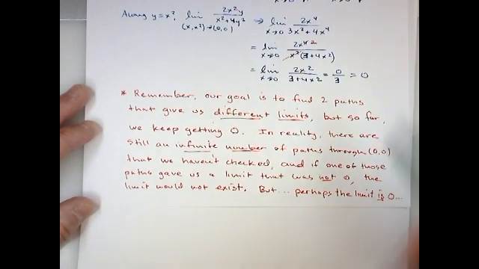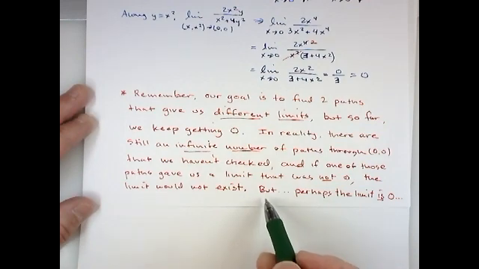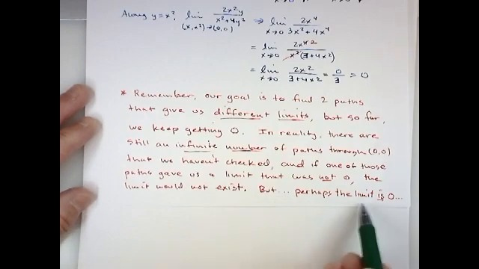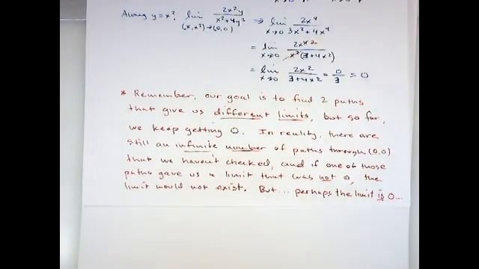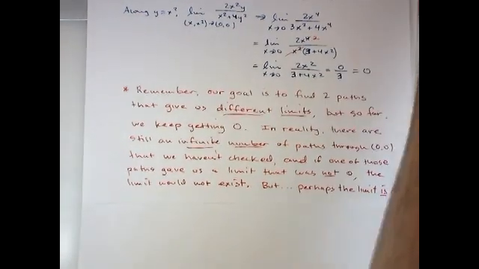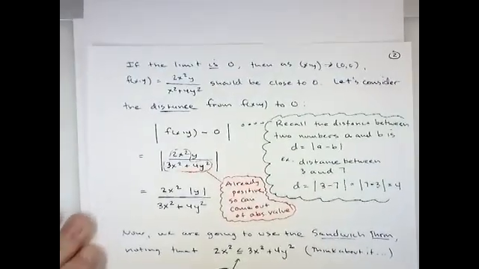So if you check a bunch of pathways, and this isn't foolproof, but if you do get 0, and I'll tell you in a little bit how you can tell if the limit exists in some cases, maybe the limit is 0. So maybe you'll start changing your thinking now and say, hey, maybe the limit does exist and the limit is 0. So if that's true, how do I show that?